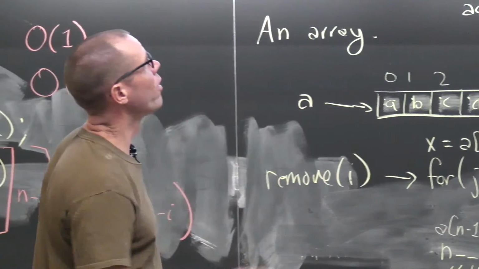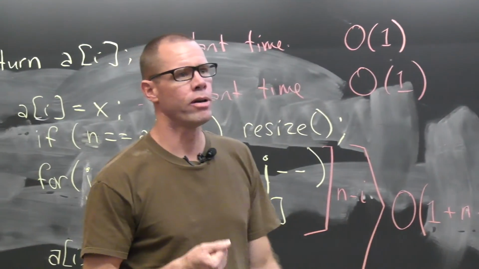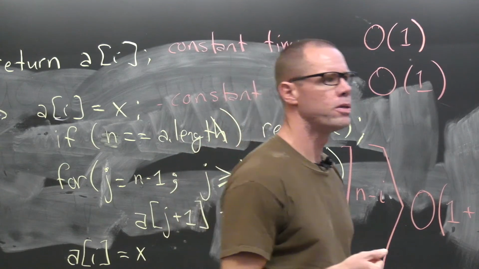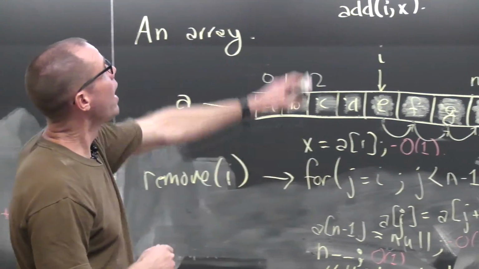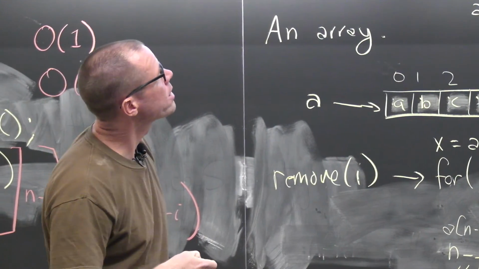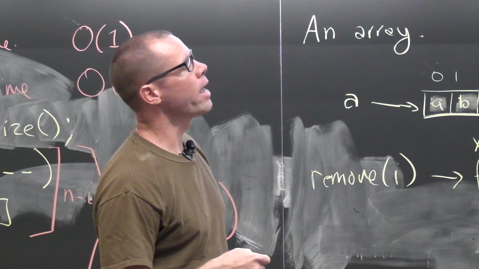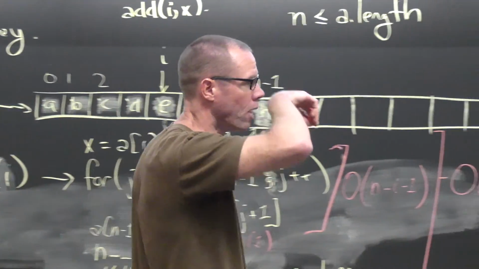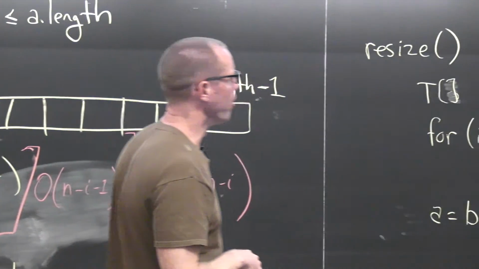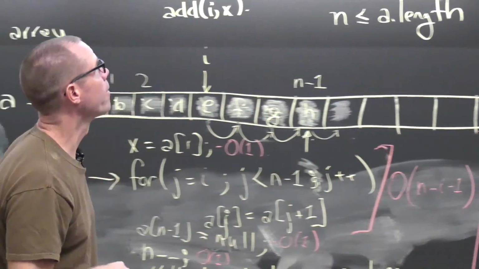And in fact, I don't think Java will even let us allocate an array of length 0. It'll already throw an exception when we try to create an array of size 0. So that's why there's a Math.max there. It's either 2 times n or 1, whichever is bigger. In almost all cases, it's going to be 2 times n. But in that weird case of 0, it's 1.